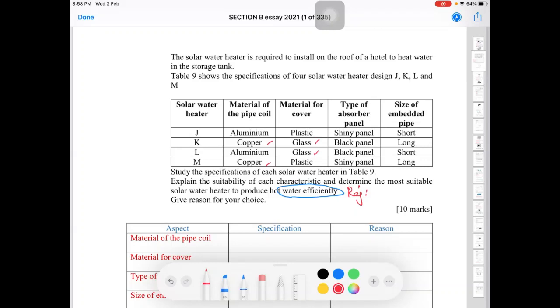So anything to absorb heat is actually black. So you akan pilih black panel. And then the pipe embedded mestilah you nak dia long. Okay, long. Jadi kalau you nak jawab this type of question, you tanda dulu macam cikgu ni. Jadi you dah tanda, oh you dah tahu which one you nak choose. Jadi you akan pilih K.